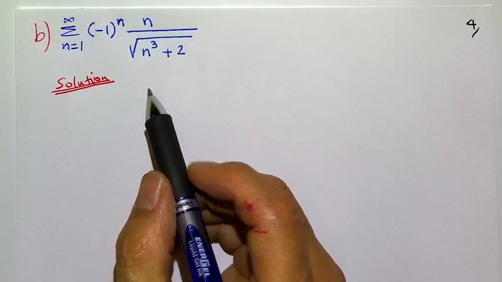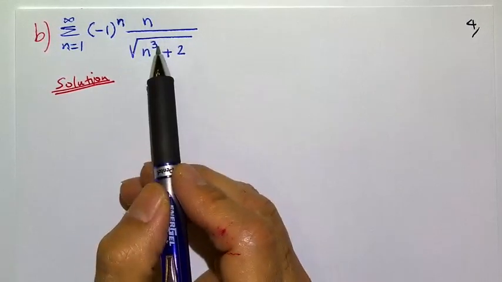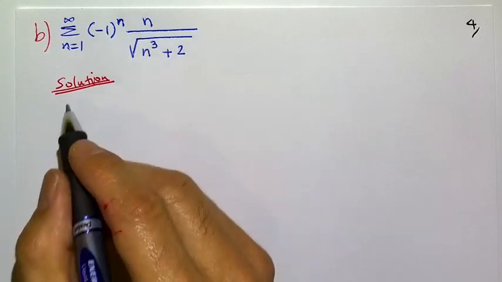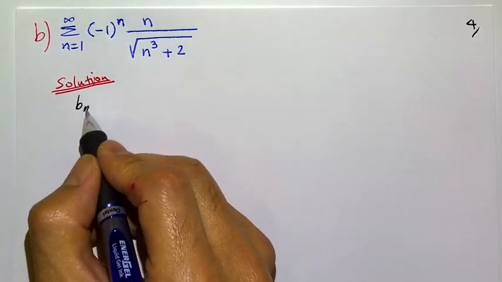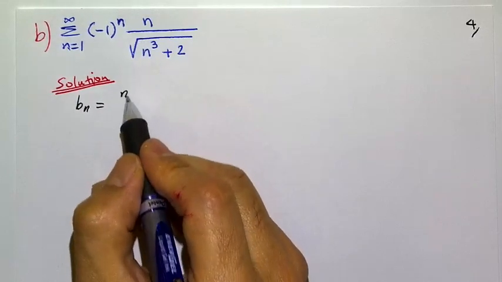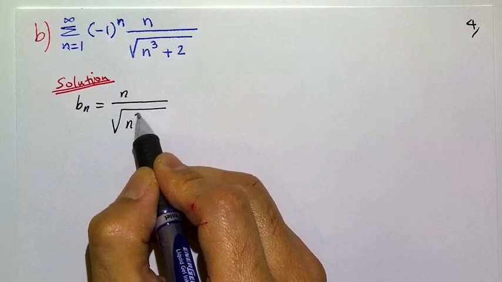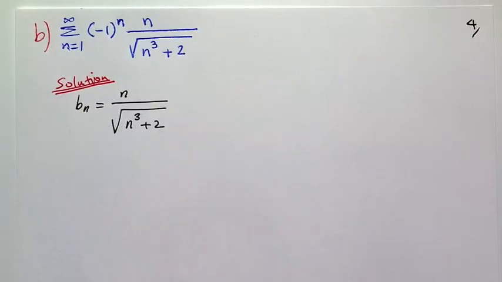So note that this quantity is always positive. So this is our bn's. We have the bn's equal to n divided by the absolute value of n cubed plus 2.